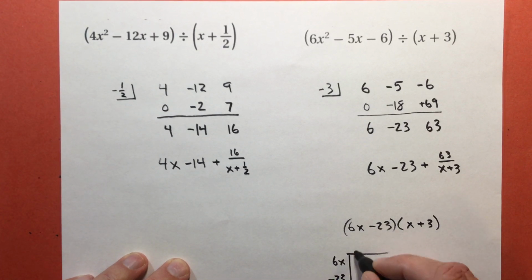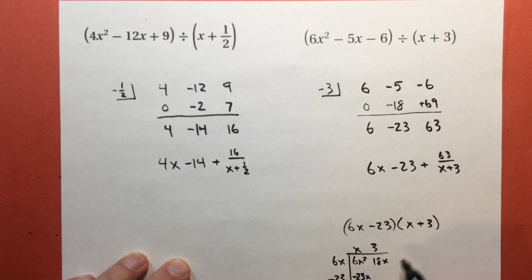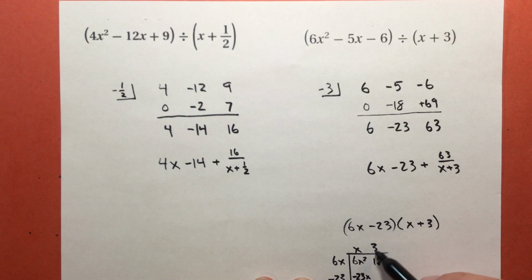I get 6x squared, that's good. 6 times 3 is 18x. This is negative 23x. And 3 times negative 23 was what, negative 69 again? So 6x squared, check. Negative 23 plus 18 is negative 5x, check.